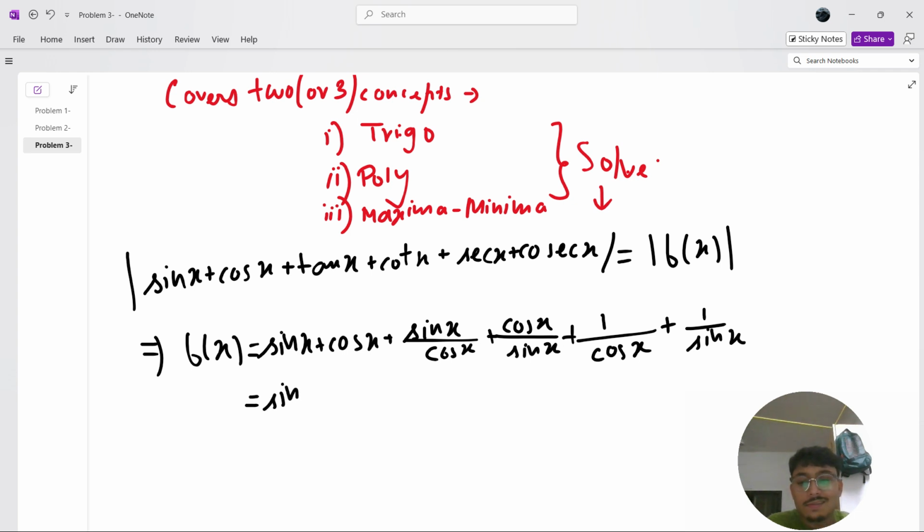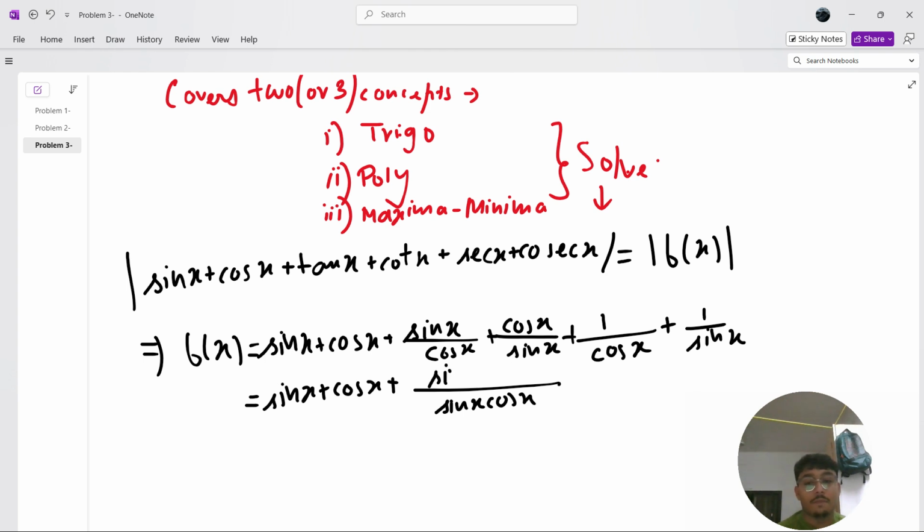If we add this, it will be sin x plus cos x plus, here we will have the LCM as sin x cos x. So sin x into sin x is sin square x, plus cos x into cos x, which is cos square x.